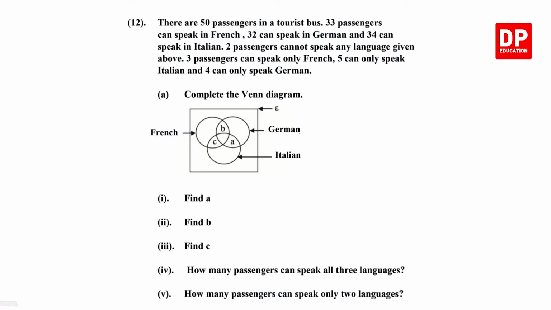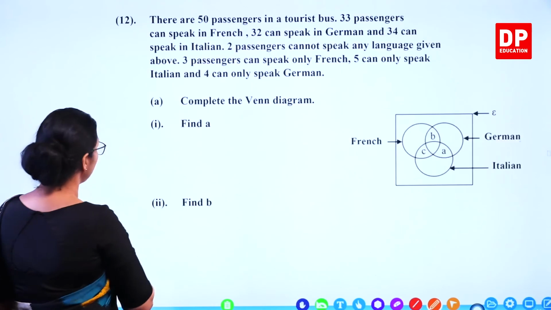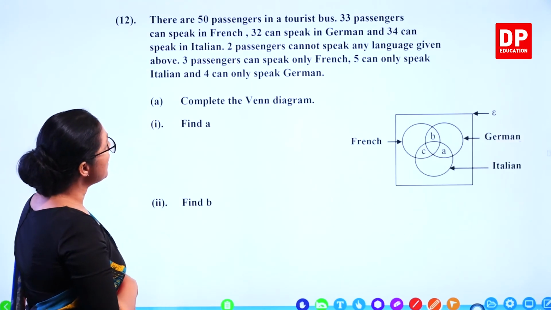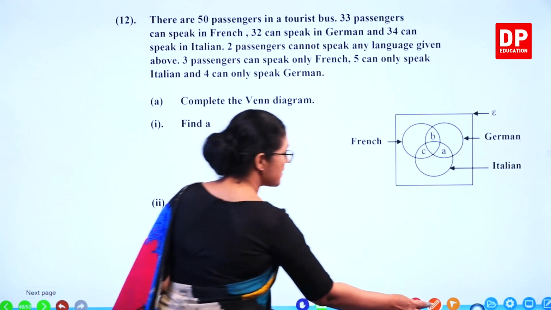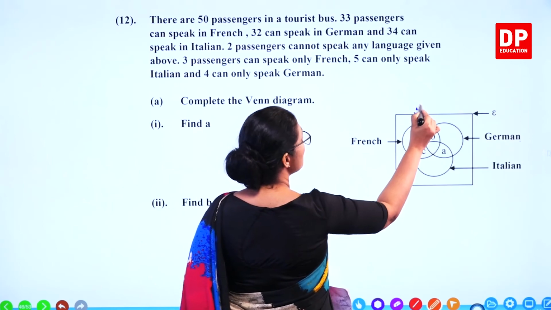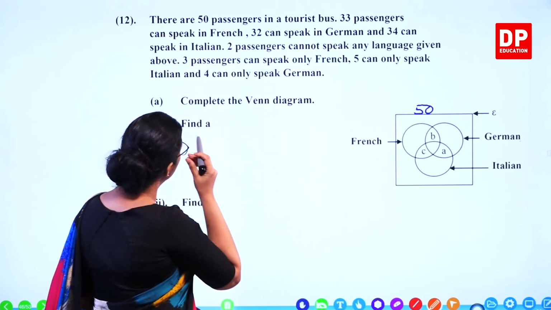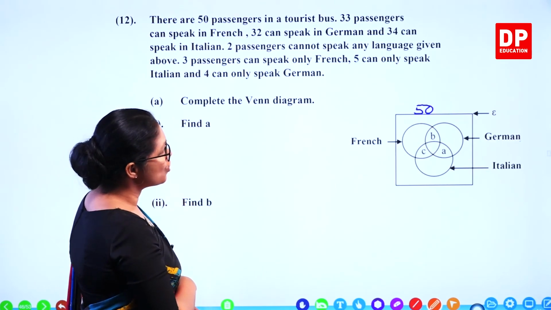Now let's do the last question in paper 2. That's about Venn diagrams. There are 50 passengers in a tourist bus. So altogether 50 passengers. So we'll mark that, 50 is outside. 33 passengers can speak French.